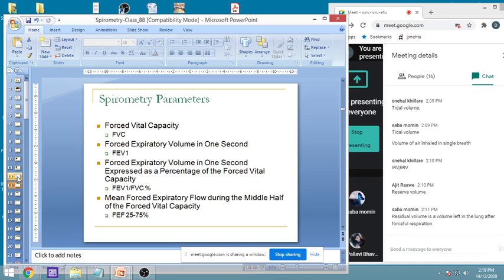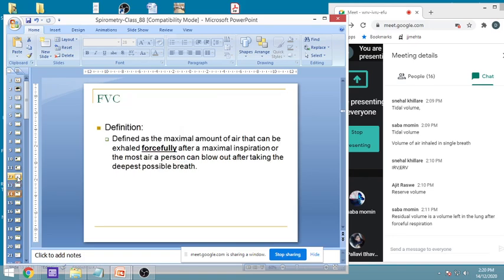Then mean forced expiratory flow during the middle half of the forced vital capacity, that is called FEF, taken at 25 to 75%. This is taken as a tool.